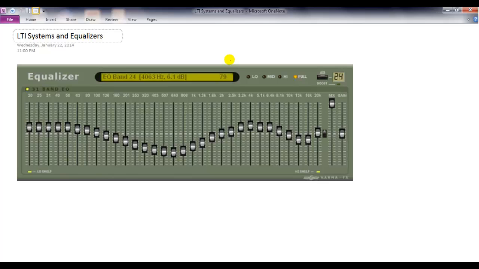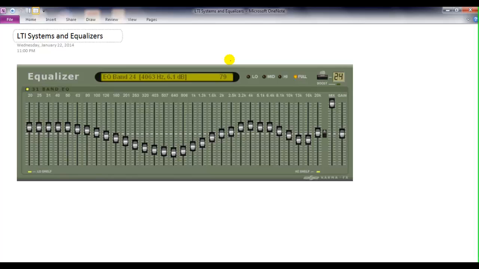Okay. If you really want to think of LTI systems, the analogy is really that of an equalizer, which is nothing but an LTI system which is just either scaling up or scaling down the frequencies.